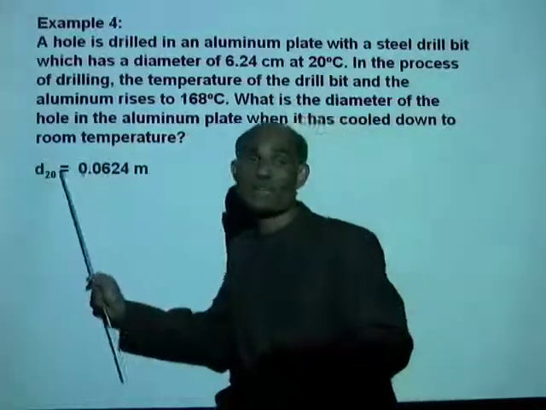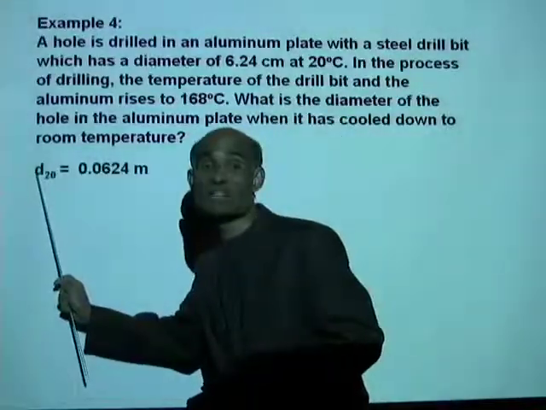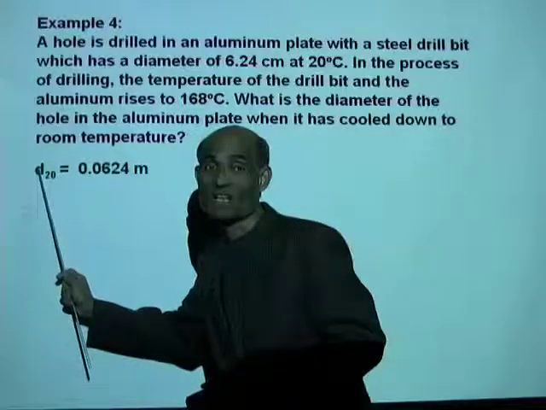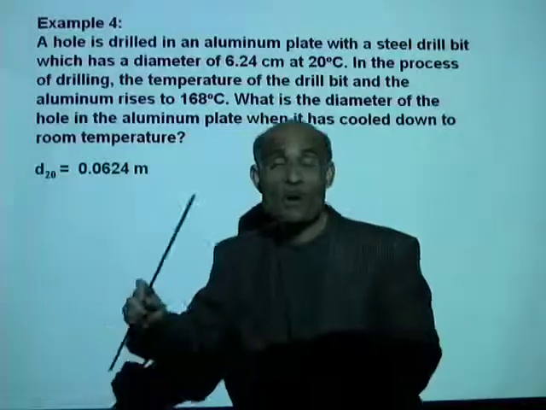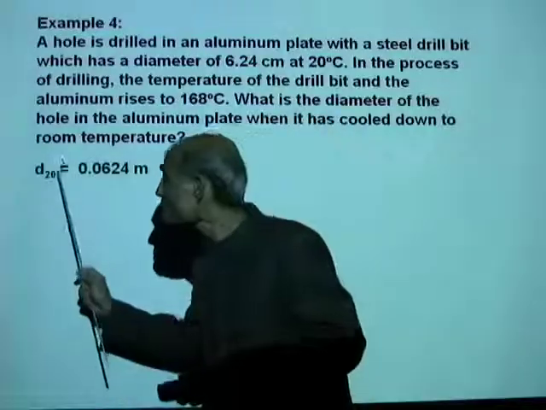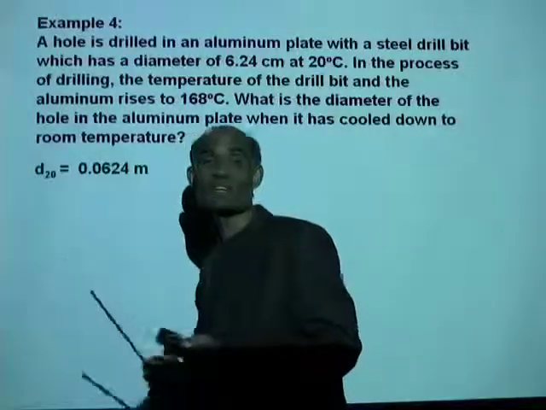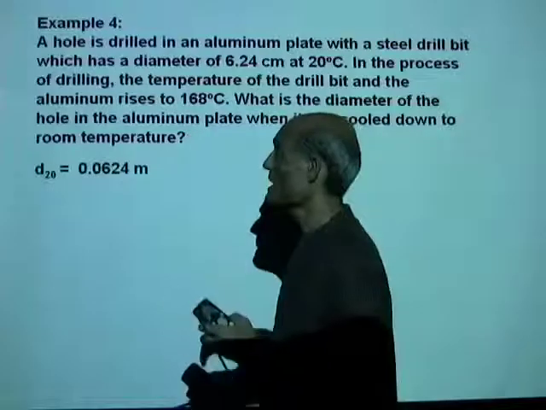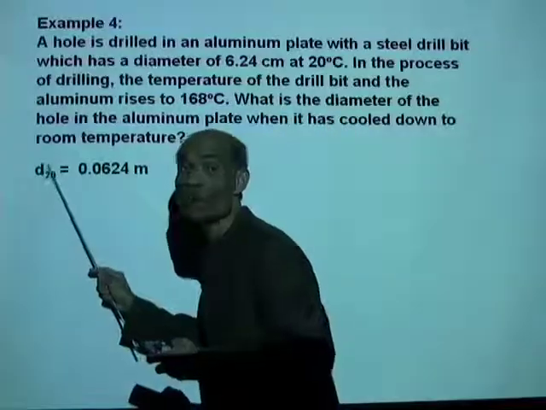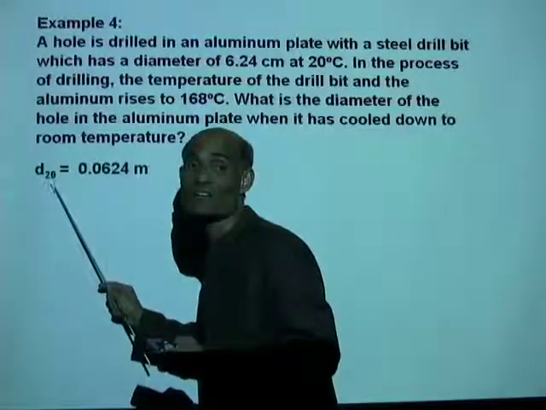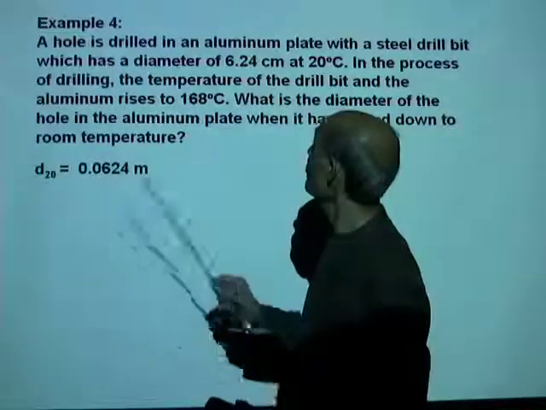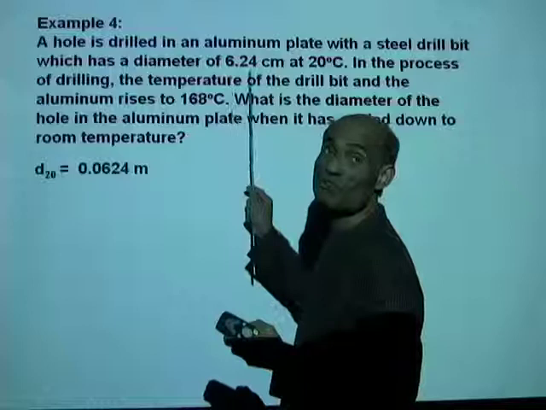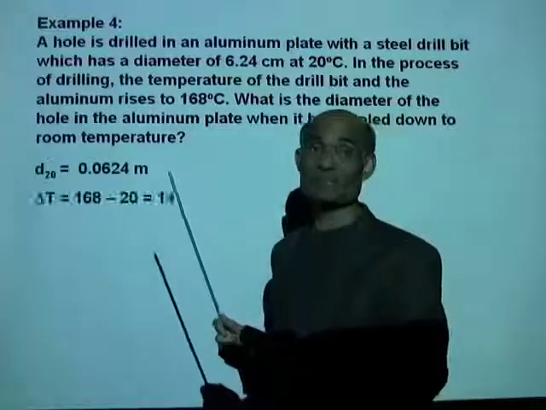Now don't confuse here, this D is not density. D20, what I mean is diameter of the drill bit at 20 degrees Celsius. That is what this D20 means. Diameter of the drill bit at 20 degrees Celsius is 0.0624 meter, 6.24 centimeter.